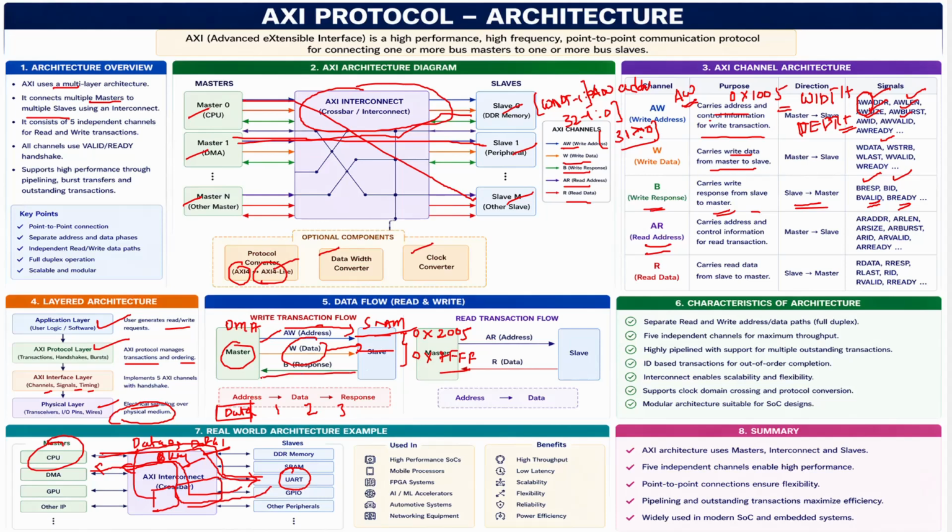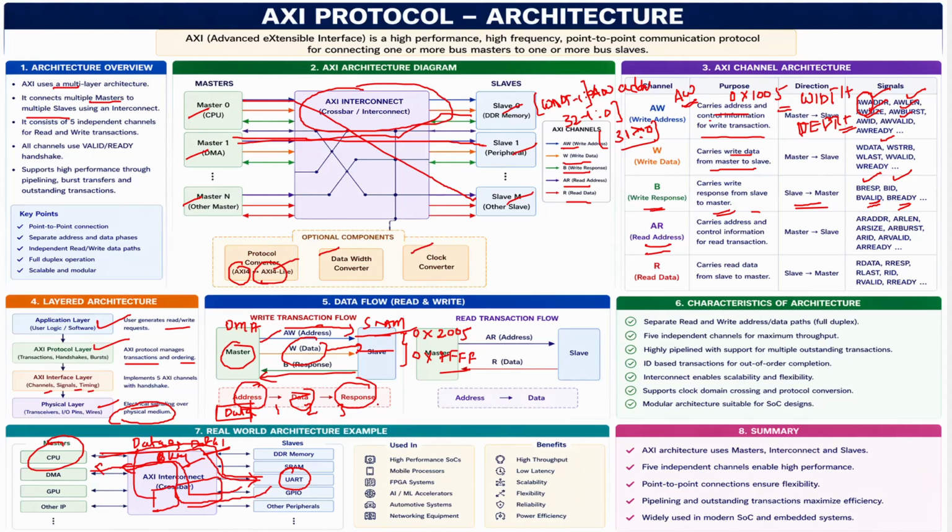After that, the slave will respond. That means the SRAM sends the response to the master. Similarly, we follow three phases: address phase, data phase, and response phase. In the address phase we provide the address. In the data phase we transfer the data from master to slave.